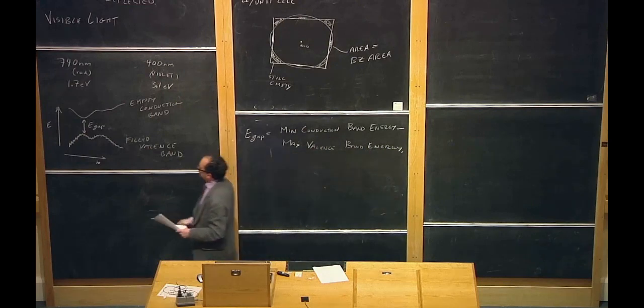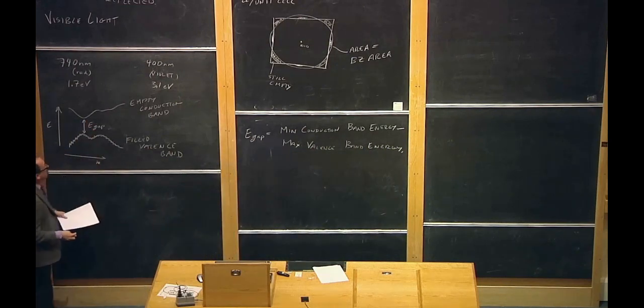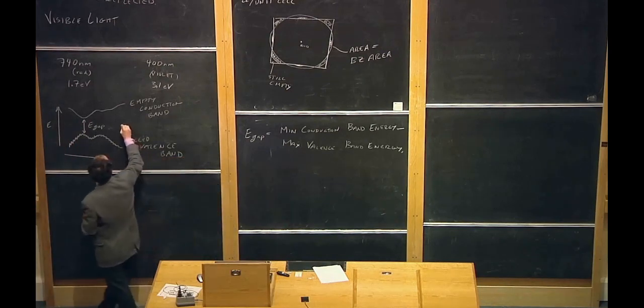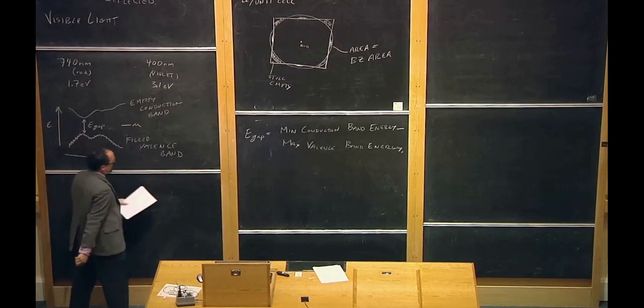So the difference between this energy here and this energy here. So if this is a big gap, it's an insulator. If it's a small gap, it's a semiconductor. The chemical potential is somewhere in the middle of the gap.